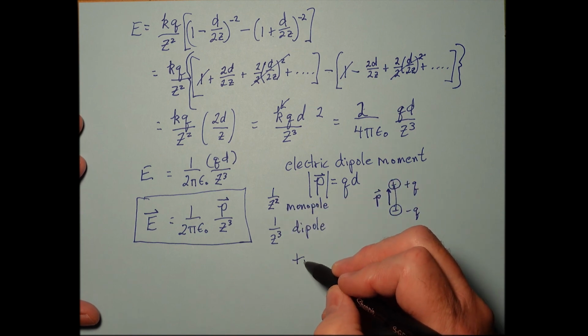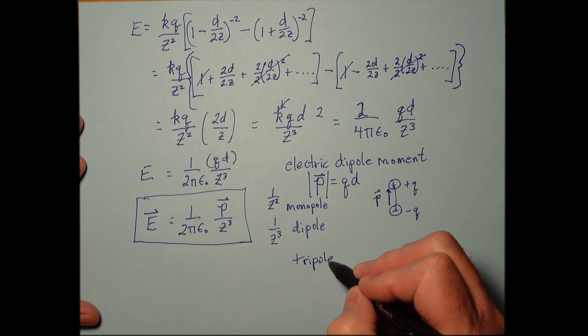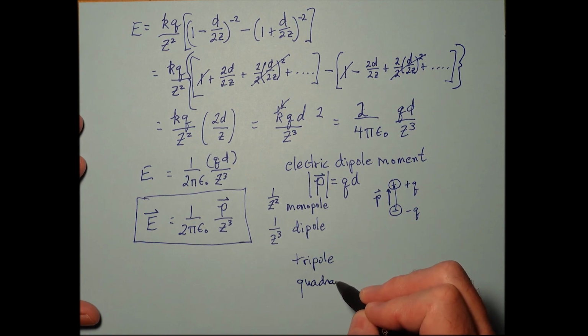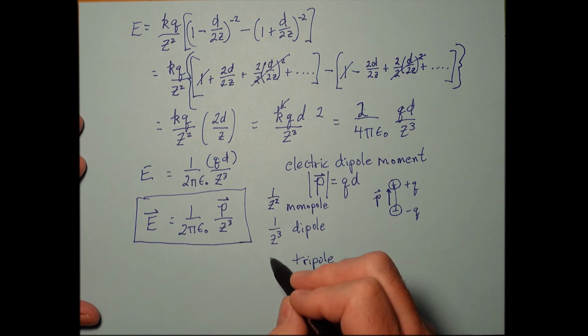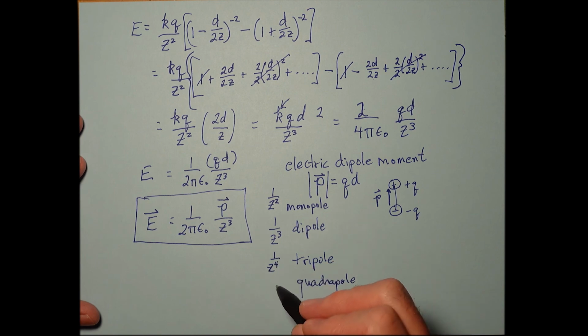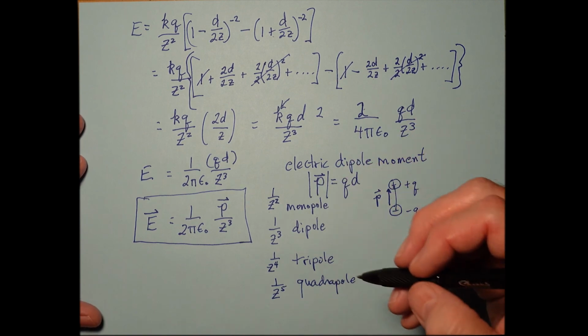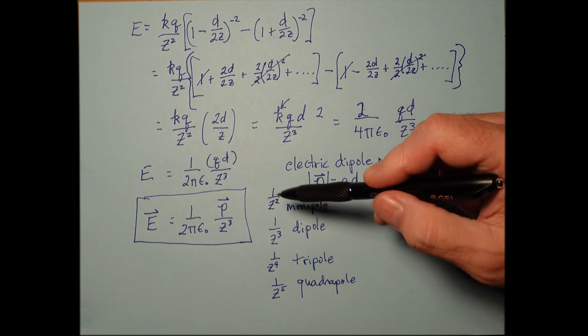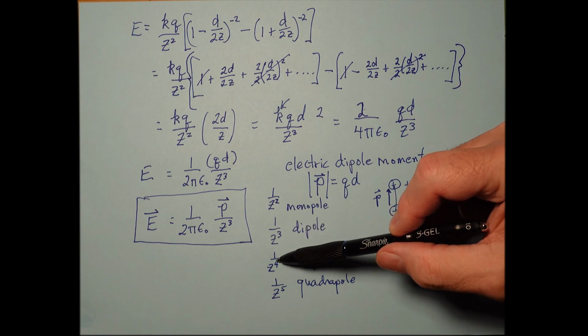There is such a thing as a tripole, and there is such a thing as a quadrupole. So the tripole is going to be 1 over Z to the 4th, and the quadrupole is going to be 1 over Z to the 5th. So that trend continues as you get more and more charges to make up these weird configurations of molecules, that the electric field changes like this.